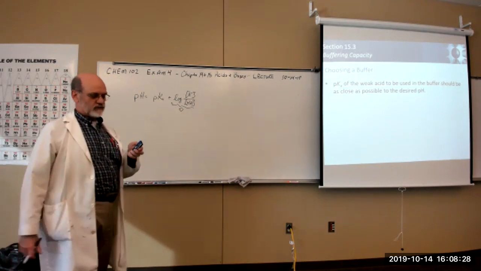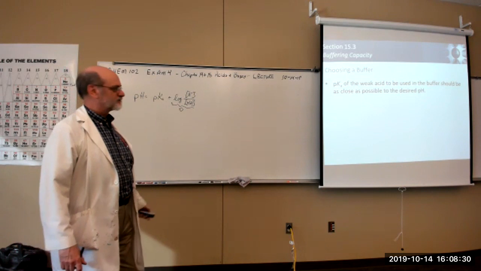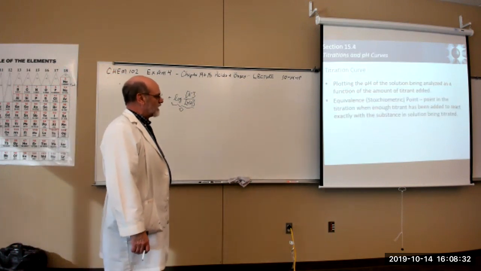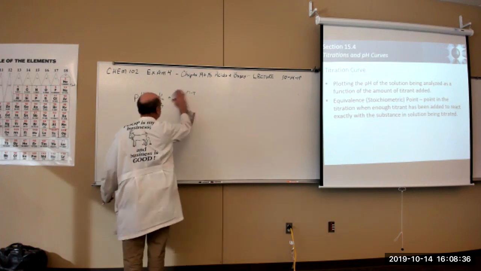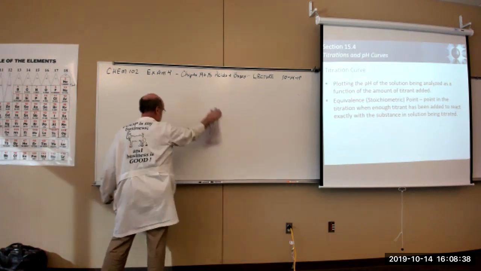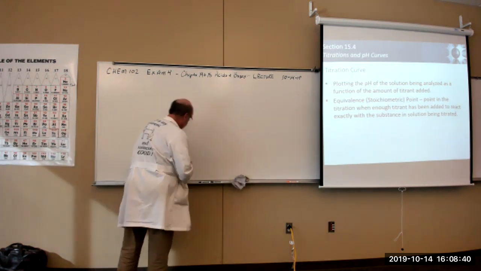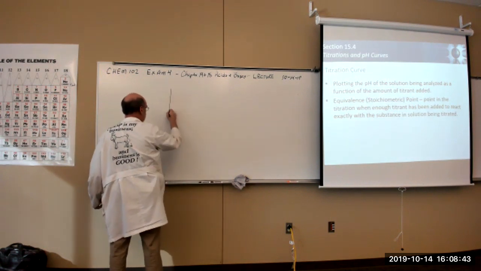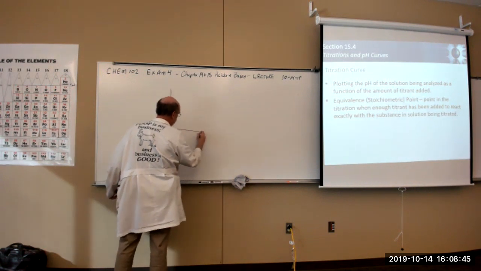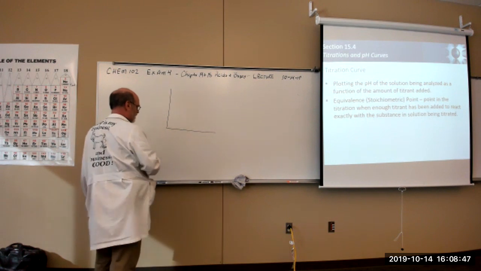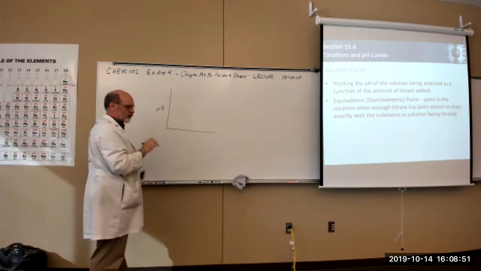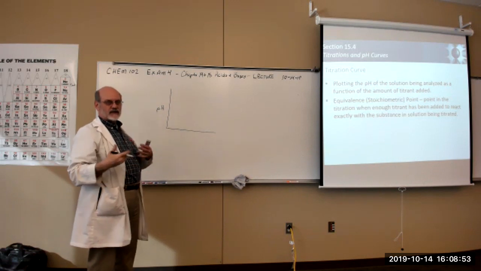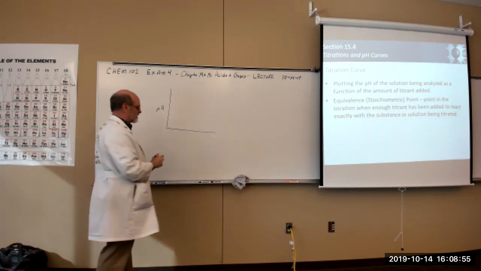I'm going to show it to you here in picture form. So what do we do with the titration curve? Let's draw one. Let's say we have pH on this axis, and that's the response to adding strong base to a weak acid.